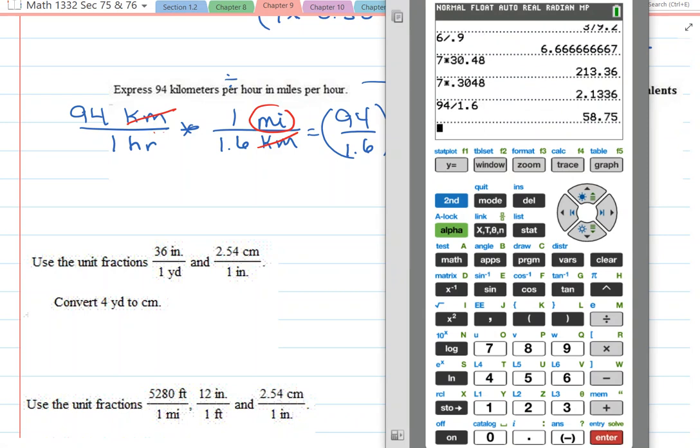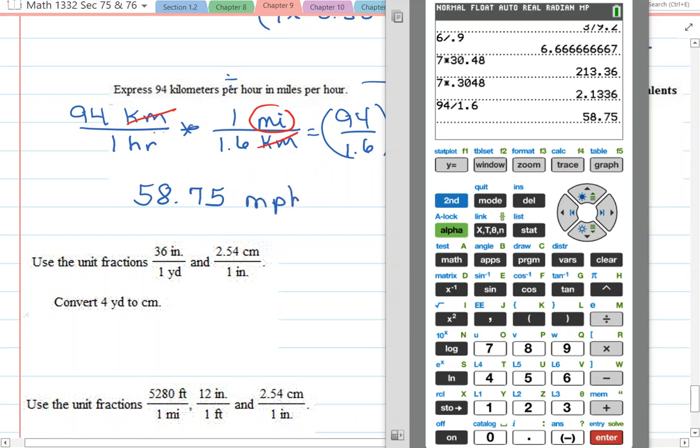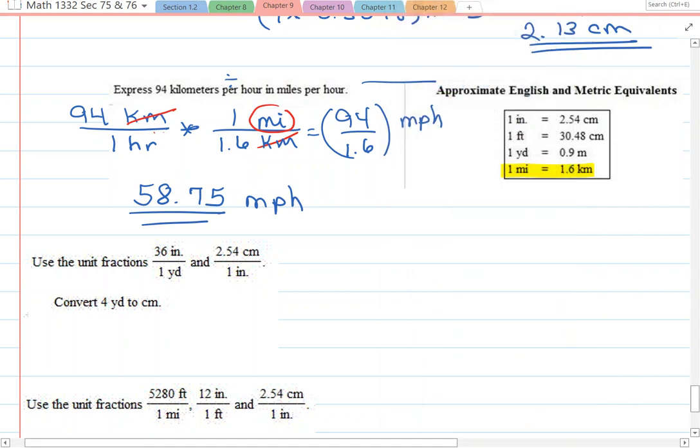And I get 58 and 75 hundredths miles per hour, going 94 kilometers per hour. All right. Good job.